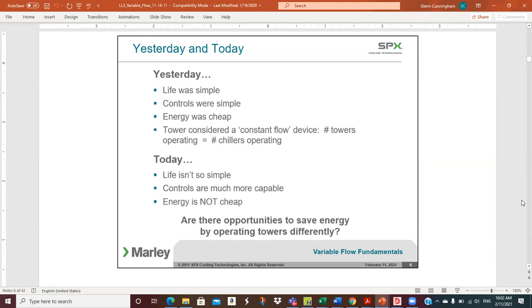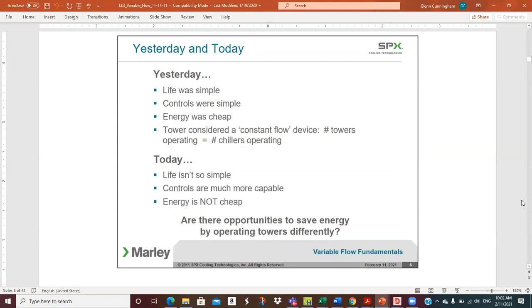You would have 4 towers, and each tower would be chained to a particular chiller. So if you ran chiller number 3, you'd run tower number 3, and the rest of the towers would be off, and the rest of the chillers would be off. But today, life isn't so simple. Controls are much more capable, and energy is not cheap. So some things have changed.